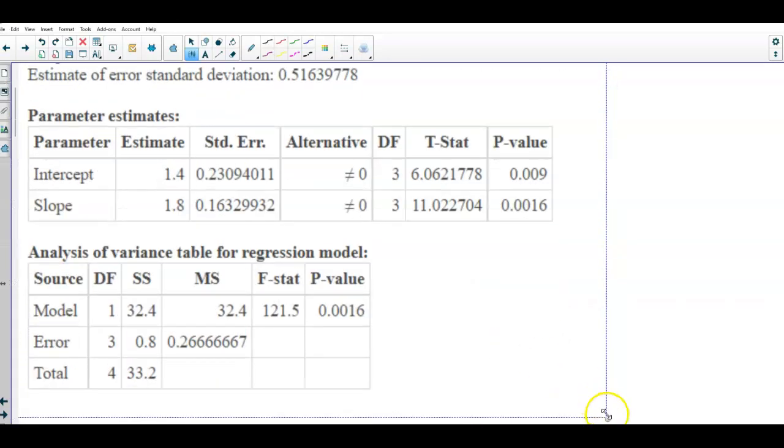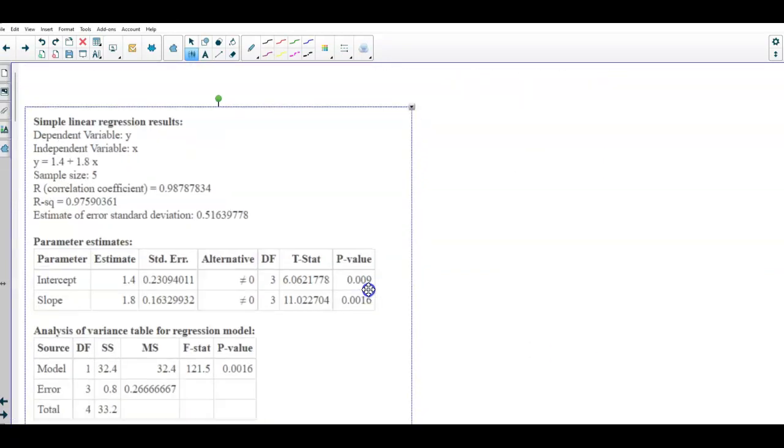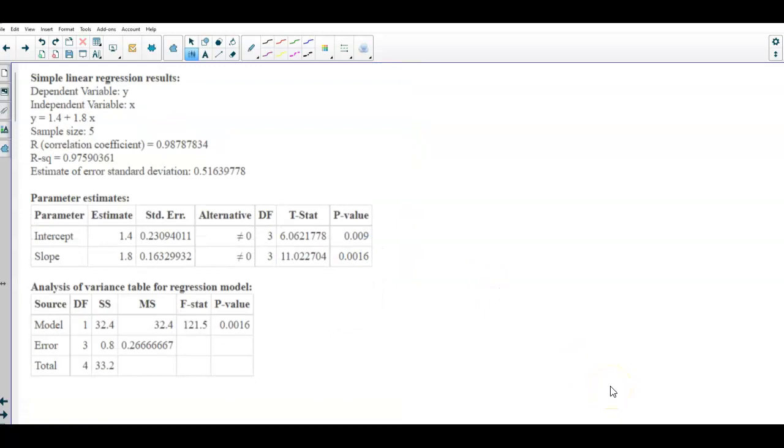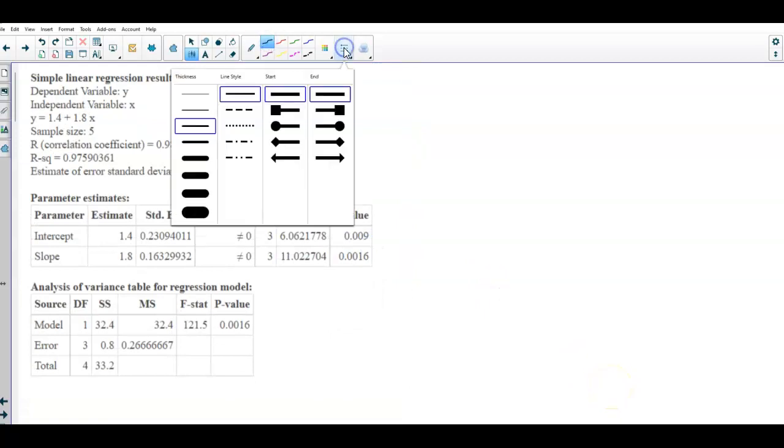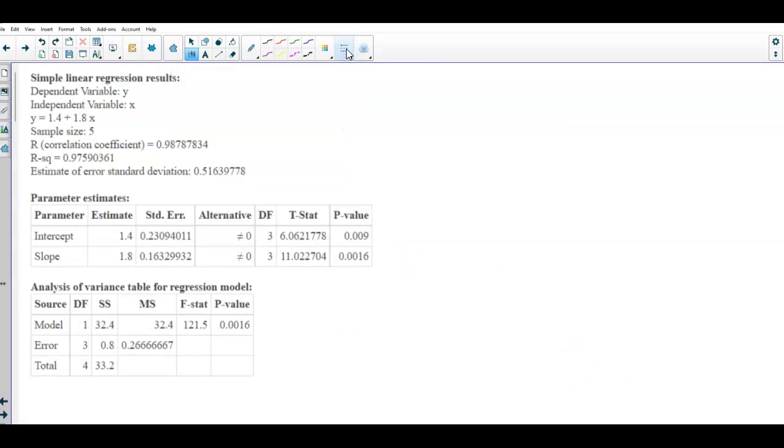Recall that we want to find the linear regression line. If we have an equation where y is equal to mx plus b, m represents the slope and b represents the y-intercept.